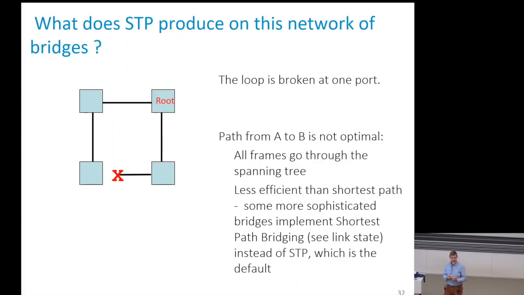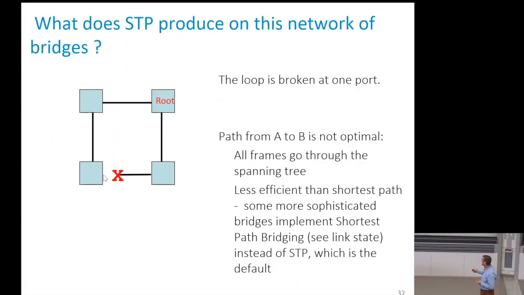There is still some benefit, in that it will react to any change in the topology. For example, if we break this link here, then the spanning tree protocol will detect it. Part of the spanning tree protocol mandates that the bridges ping the root to make sure the root is reachable.